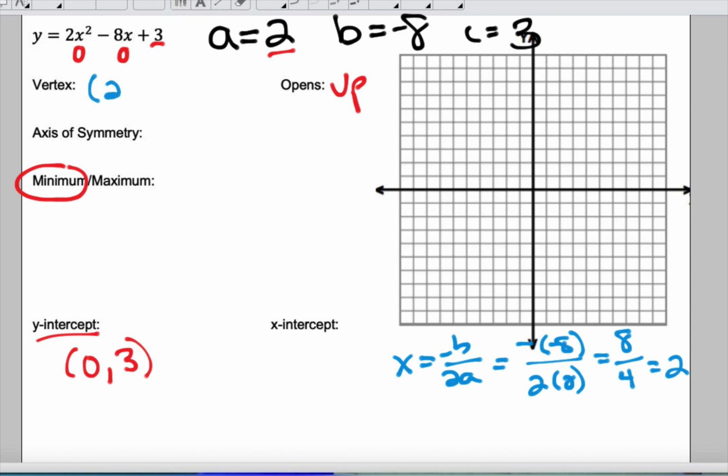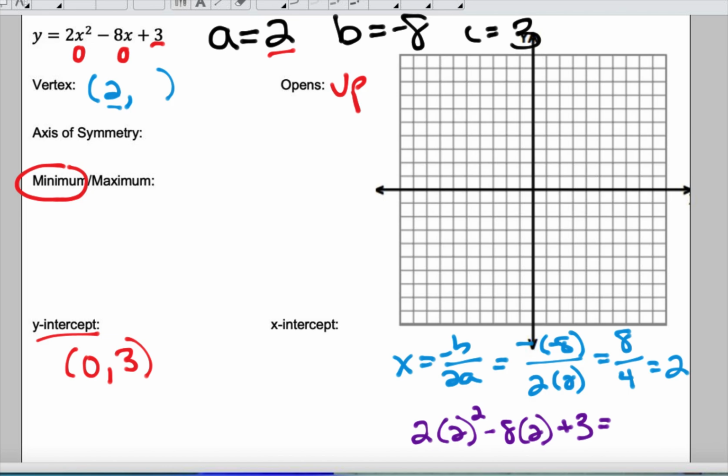So my vertex is 2 comma something, and I can figure out what that something is if I actually plug in that number 2. So I'm going to do that right below, and I'm going to plug in 2 into the equation. So instead of 2x squared, I'm going to use 2 times 2 squared minus 8 times, again, plugging in 2 for x, and then plus 3.